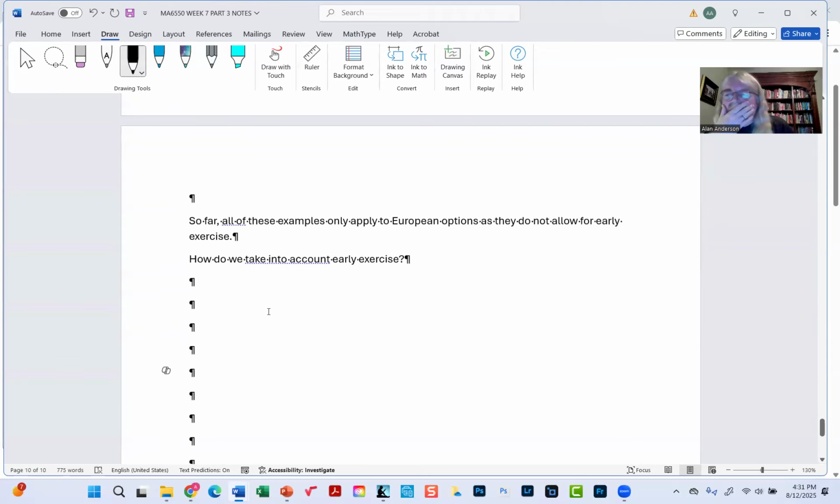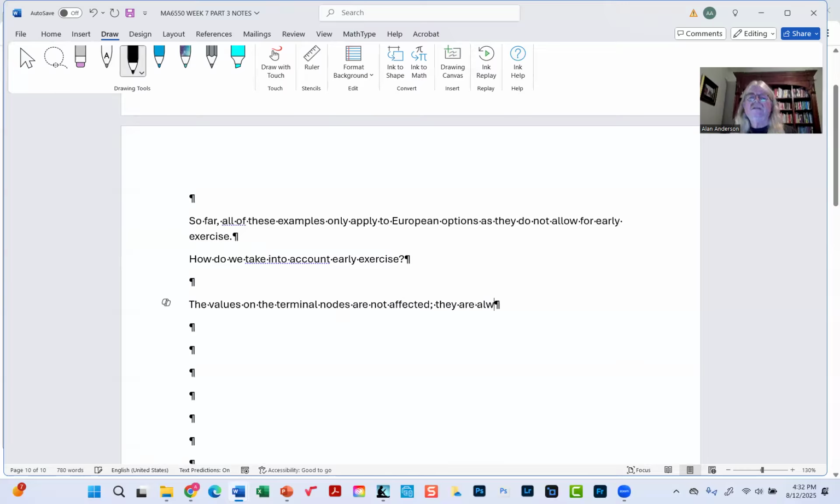Now that of course depends whether it's a call or a put. So basically in a nutshell, here's what's going to happen. The value of the terminal nodes are not affected.